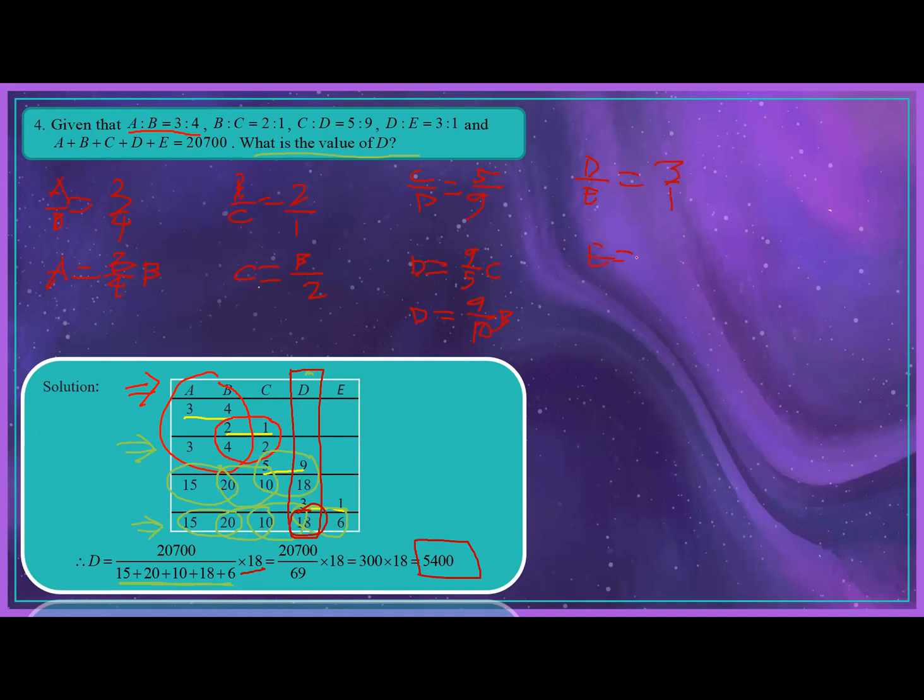And your E now is D over 3, which is 3 over 10 B. So now you have all variables in terms of B. And from here, you solve for B and you adjust everything up to B. Okay, so those are two different options to solve this kind of problem.